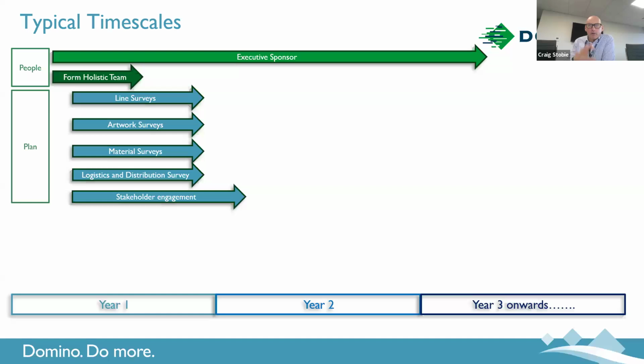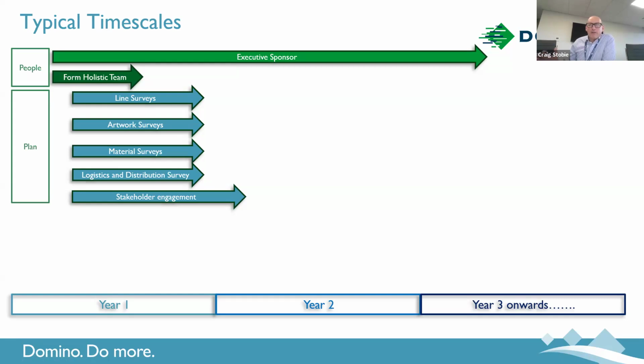So you've got your people, you've got your team. So what does that team work on? Developing a clear plan usually requires a number of focused work streams. I've included a few here. It's not an exhaustive list, but it does show a few of them. They should be done in parallel, because if you do them in series, you'll take 3 years just developing the plan. It includes things like understanding the physical production lines.